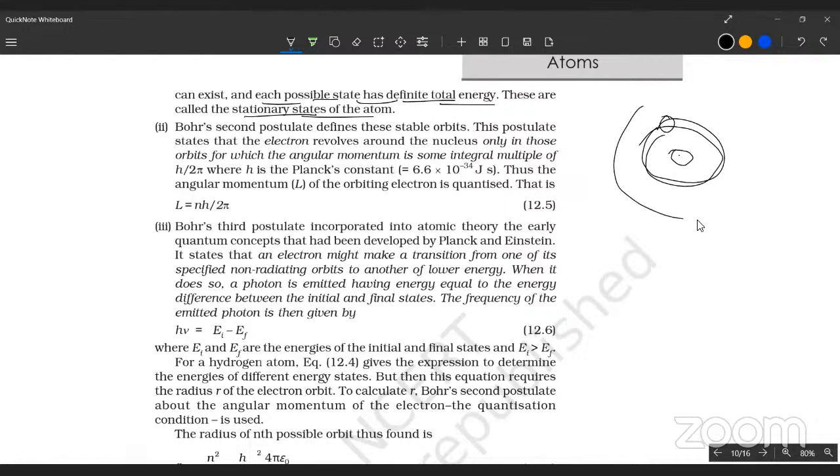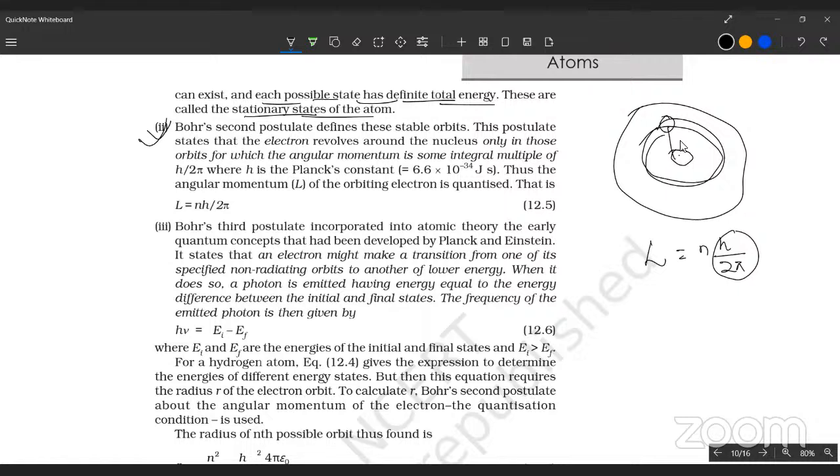Bohr's second postulate tells that these orbits are possible whose angular momentum L is n into h by 2 pi, as I have already told you. It is an integral multiple of h by 2 pi. This is discrete; he gave the idea that energy levels are discrete, like packets. So electrons are at particular fixed distances, with fixed orbits.